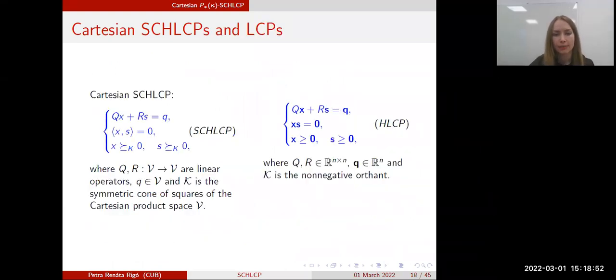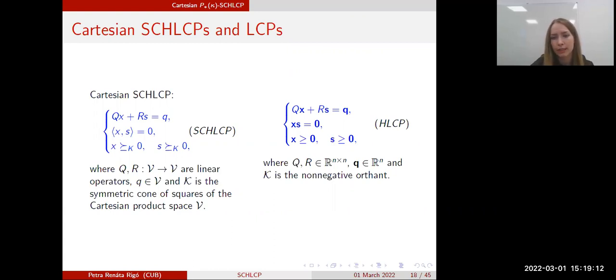Here we can see parallelism between the Cartesian SC HLCP and the standard HLCP. So if V is R to the power of N, and we are talking about the non-negative orthant, then we get back exactly the HLCP.